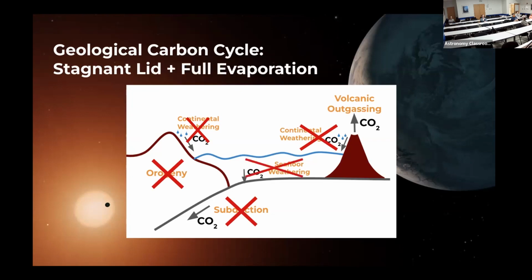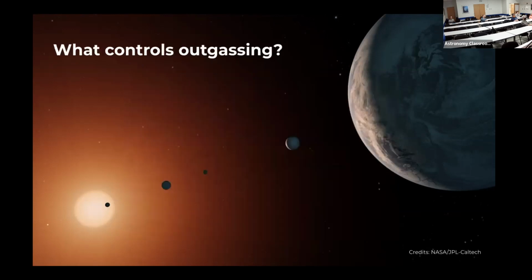We say, okay, well, these oceans have probably completely evaporated. So then what we're left with is that CO2 is not recycled. All the CO2 that was originally in the interior gets outgassed, it doesn't go back in, it just stays in the atmosphere or gets atmospherically escaped. So that's what we're setting up for our picture. It's a one-way street to the atmosphere.